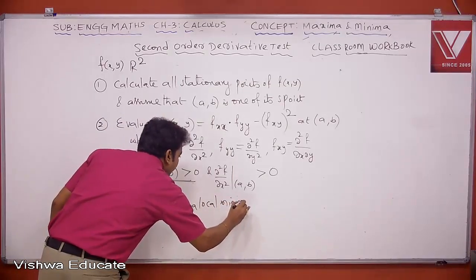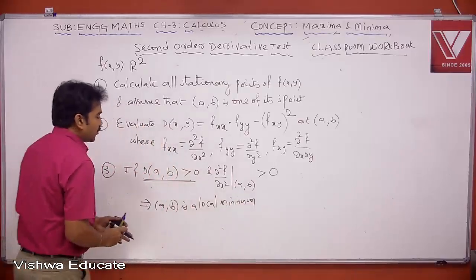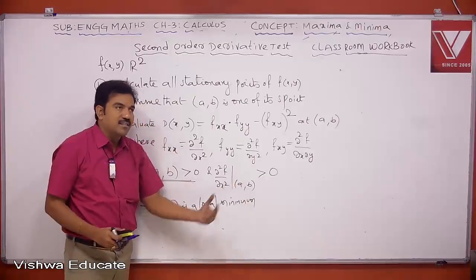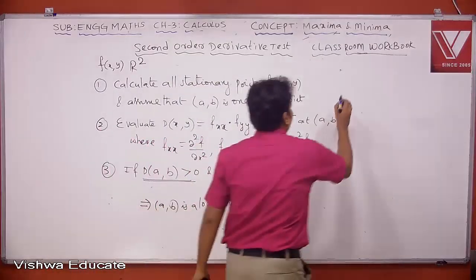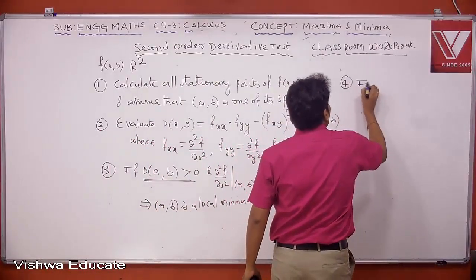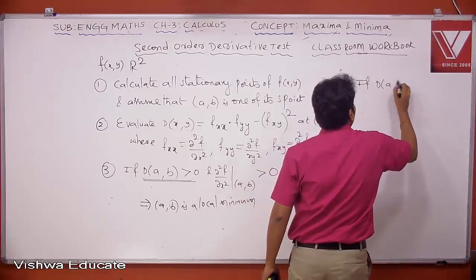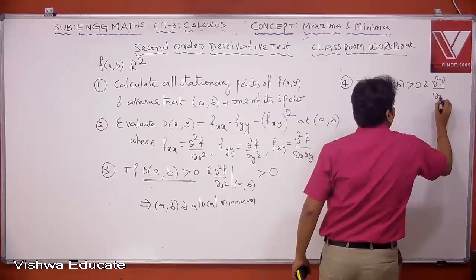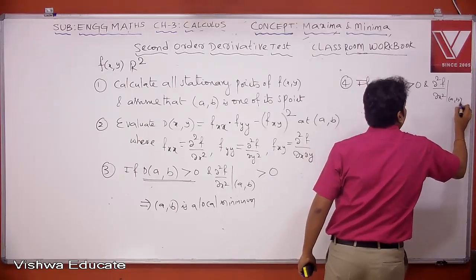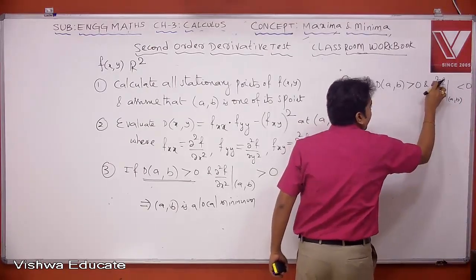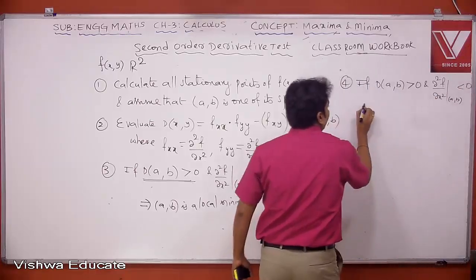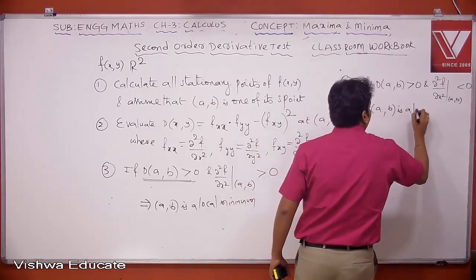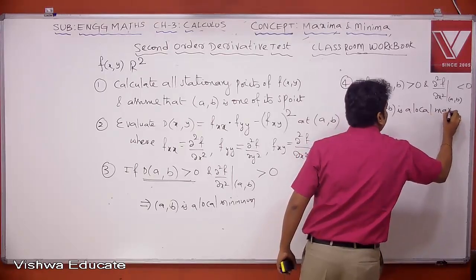Because we have seen that when the second derivative at a stationary point is positive, the point is a local minimum. Now step 4. If d of a comma b is greater than 0 and dou square f by dou x square at a comma b is less than 0, the second derivative at a stationary point is less than 0, implies a comma b is a local maximum.